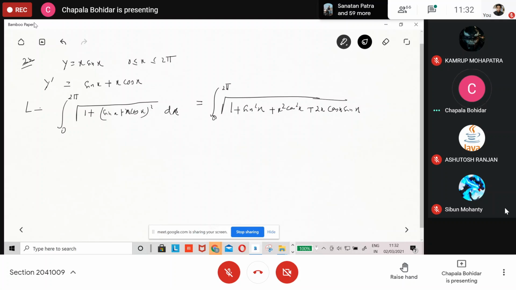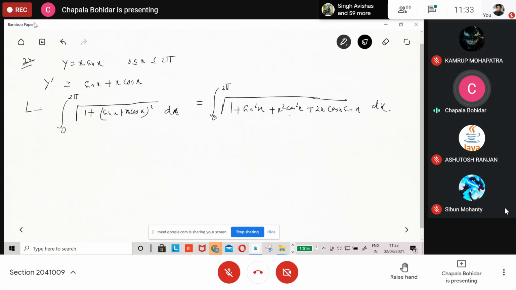So here it is x square, and dx. So I can write this as x sin 2x.